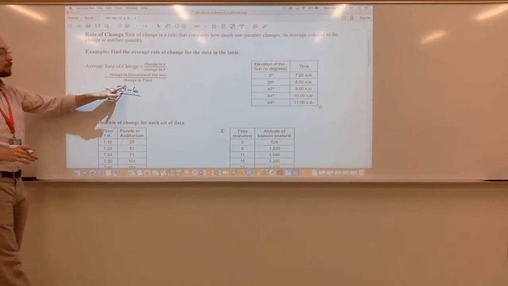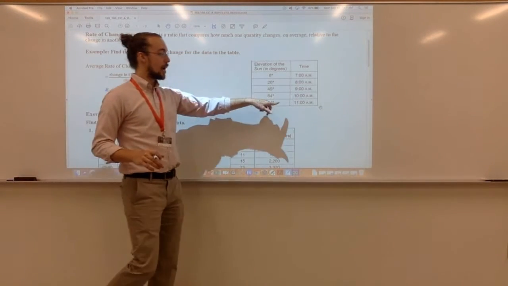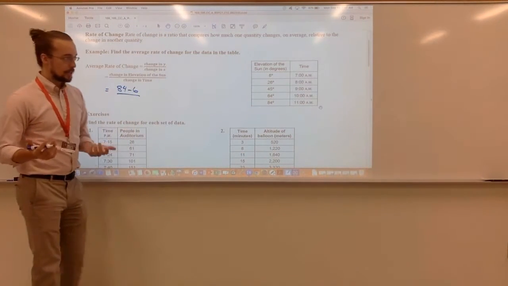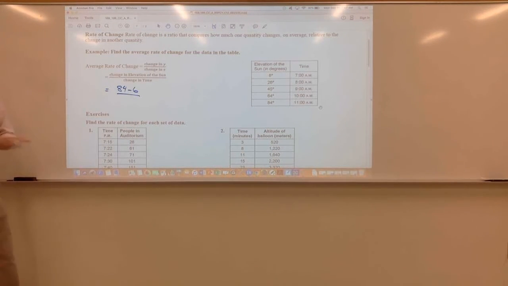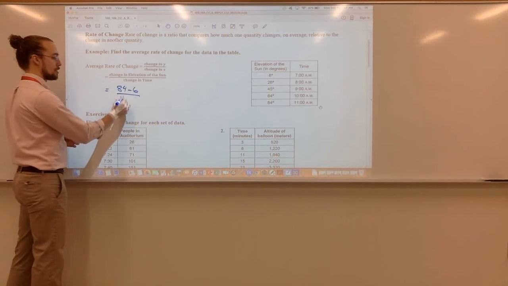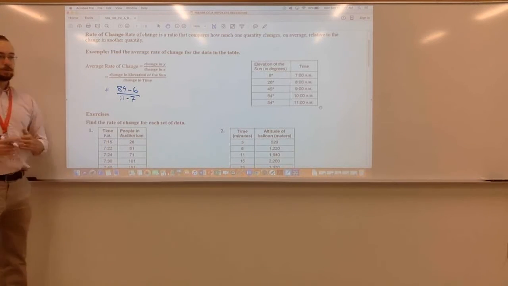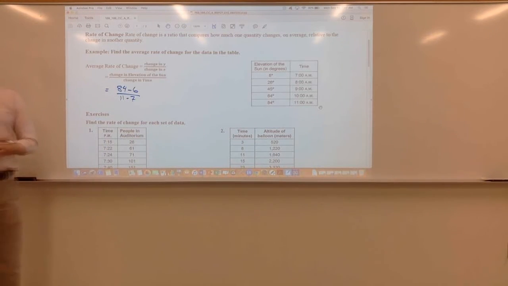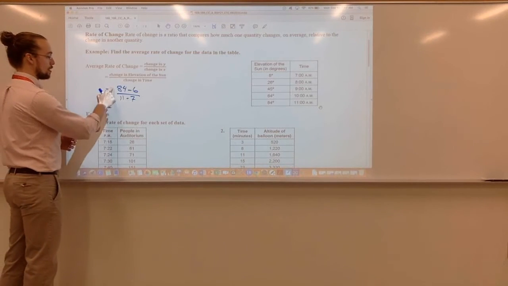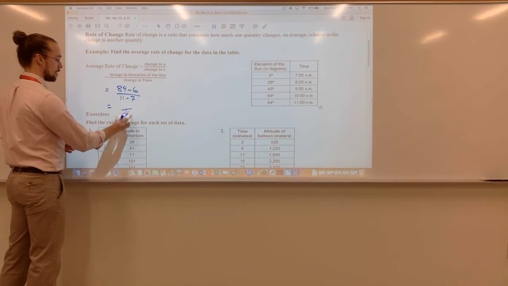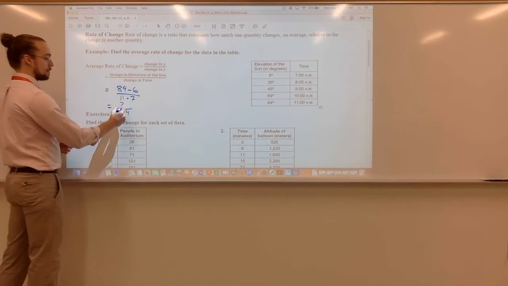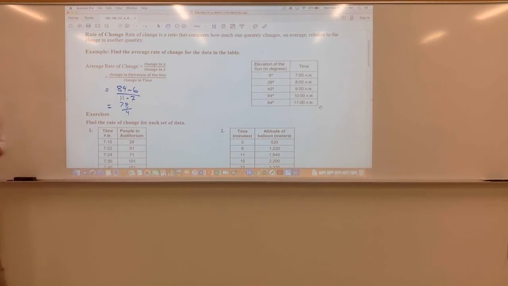Then we also want to do that over the change in time. So if it's 7 a.m. to 11 a.m., I can subtract those values. 11 minus 7 is 4. What about 84 minus 6? 78.